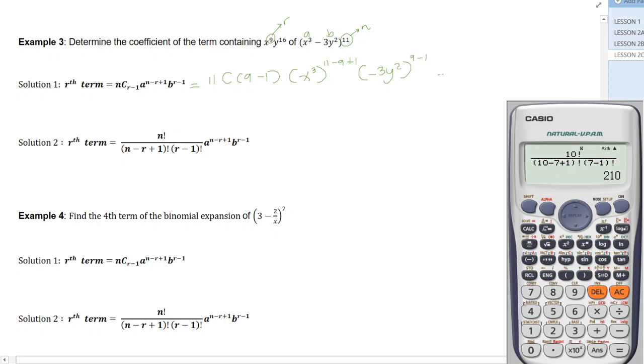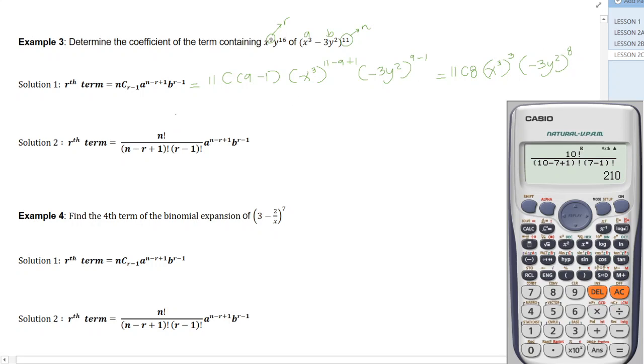If we are going to simplify this one, that is 11 combination of 8, that is x raised to 3, since 11 minus 9 plus 1 is raised to 3. That is also equal to negative 3y squared raised to 8.